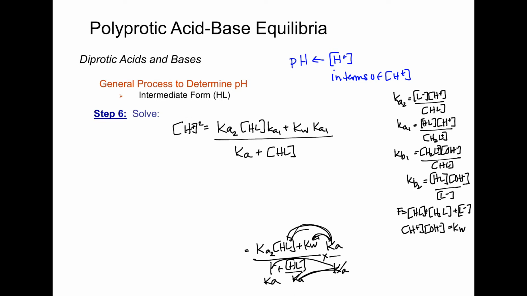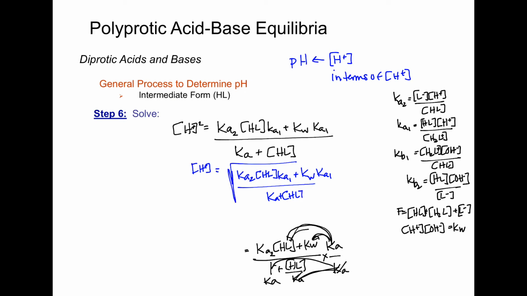Now I feel like I can take this square root of both sides to get rid of that. And when I do that, I get H plus is equal to this square root, Ka1 and HL on the bottom.